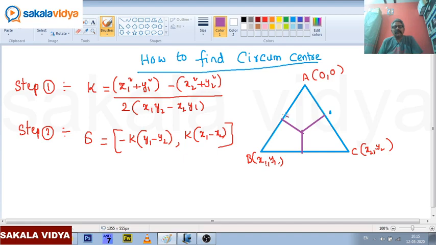These are perpendicular, perpendicular, perpendicular. They meet at a point. This is called the circumcenter. This is S. Okay.